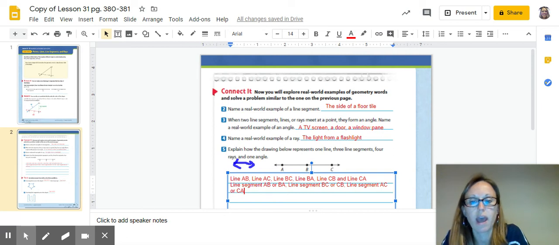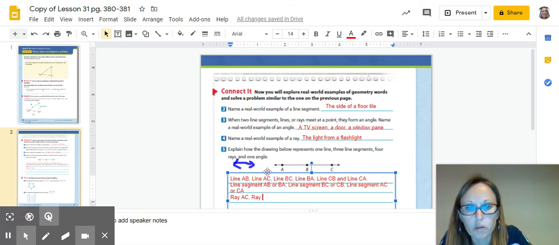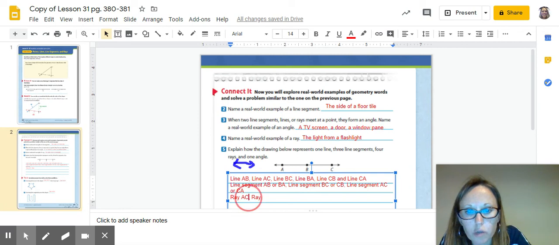All right, then we have 4 rays. So we have ray AC. So this ray AC can also be called ray AB, because this point, this B, is part of that ray.